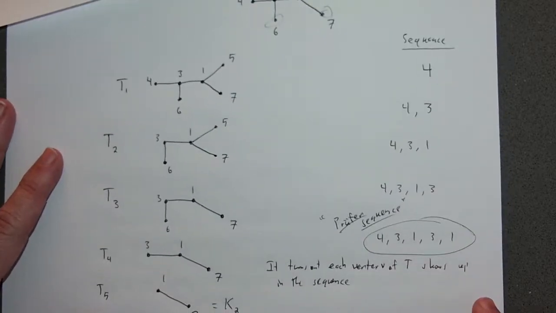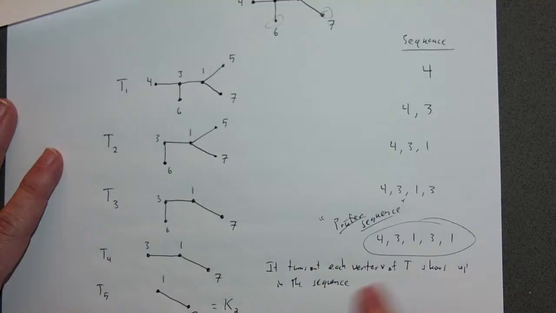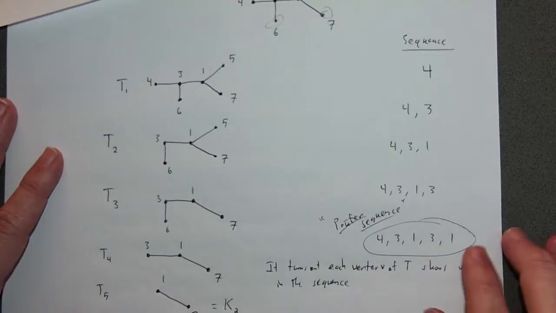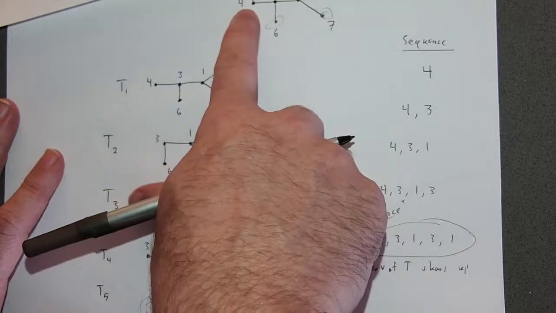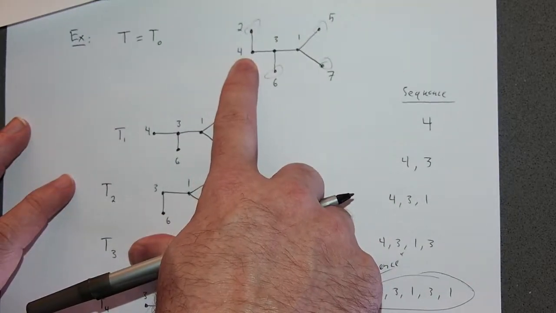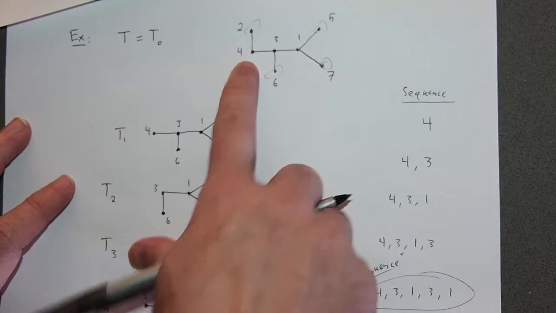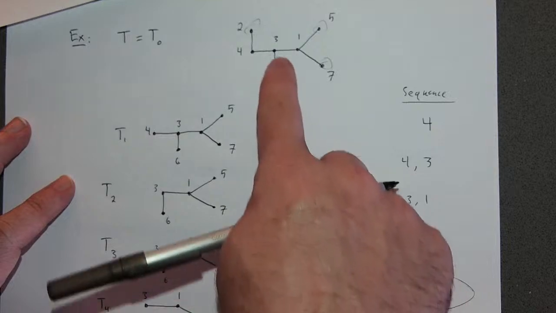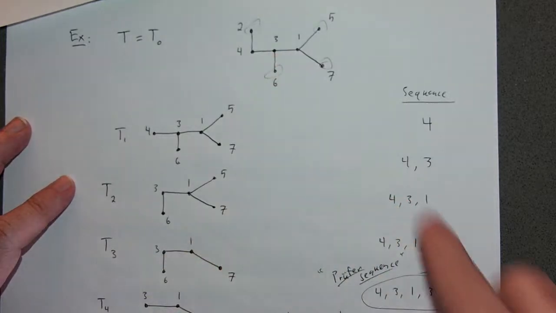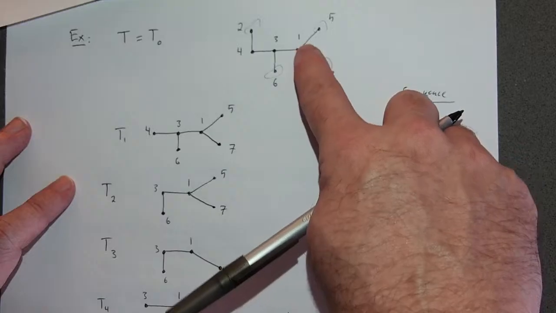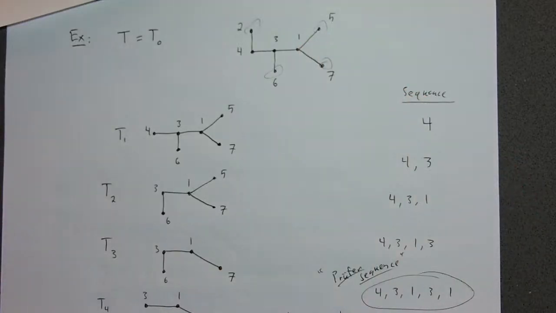So each vertex shows up in the sequence how many times? Well, 4 shows up once. 3 shows up twice. And 1 shows up twice. Do you see the pattern?